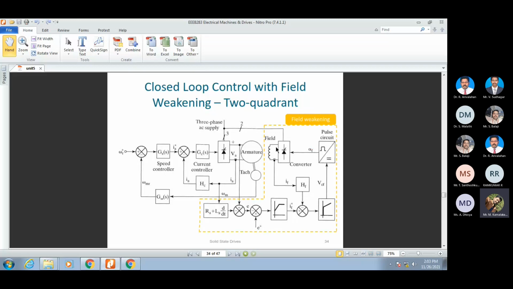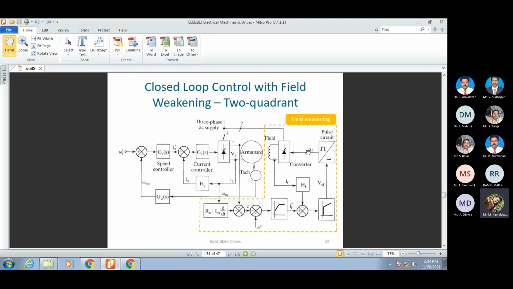If you raise the field current by advancing the firing angle, which is nothing but giving the firing angle at the starting itself, then by doing the Fourier analysis and the integration of the sinusoidal waveform, the DC magnitude we get from the converter is going to be very high, so that the speed of the machine is lowered by the field weakening mode.